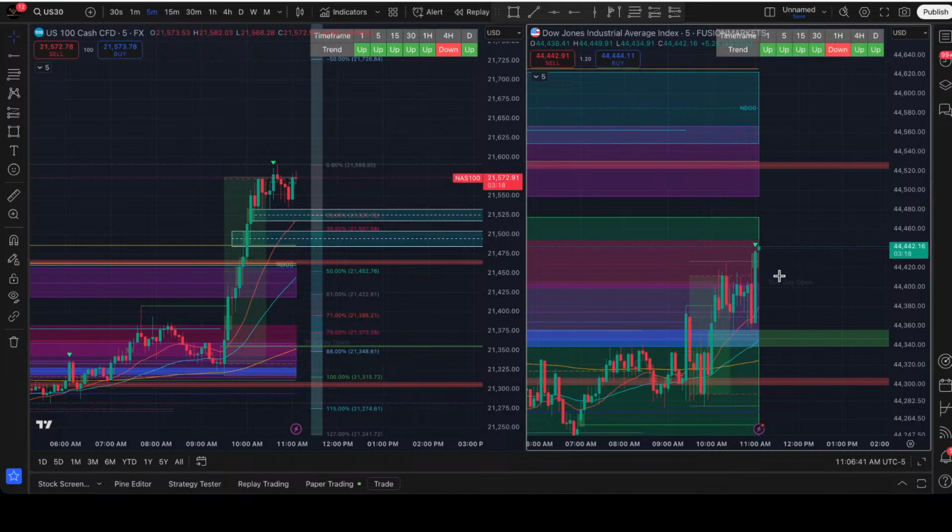So for US 30, now we want to see a fair value gap be created, because there's none here. I don't see it coming all the way back down to the blue zone. This is a strong engulfing candle.